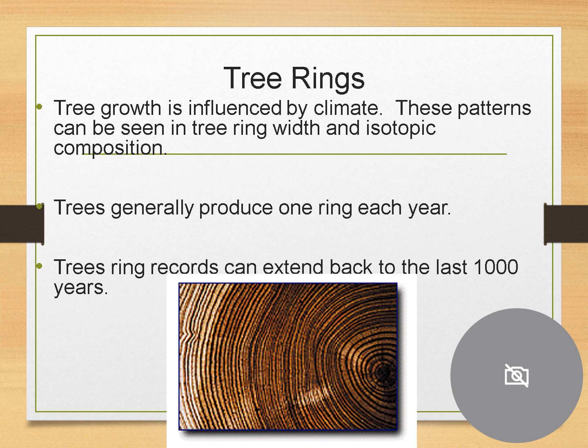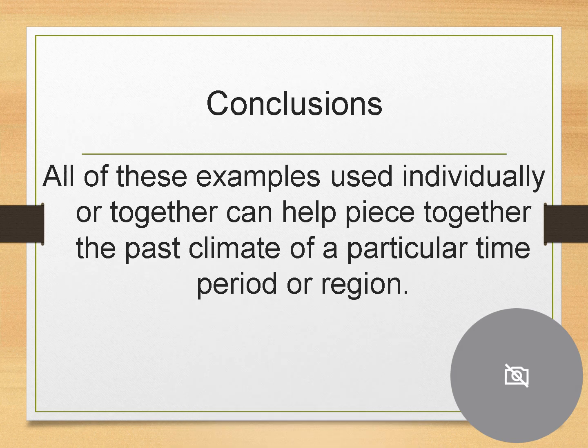Then tree rings. Tree growth is influenced by climate. There are patterns that can be seen in the tree rings and in their isotope composition. Trees generally produce one ring each year. Tree ring records can extend back to the last 1,000 years. This means that if a tree is older than 1,000 years, we can't use the tree ring approach to study the past climate.